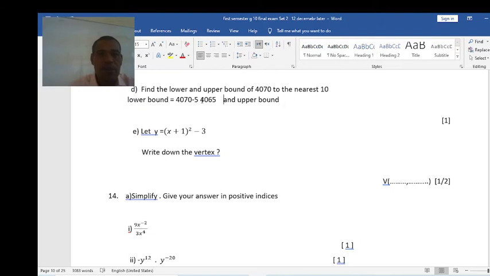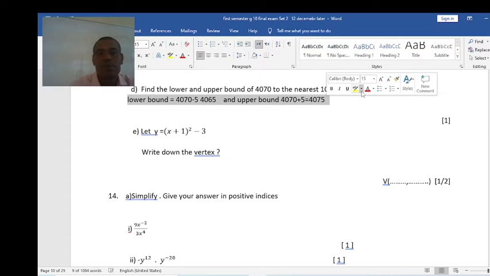And upper bound, I will just add 5 to the number: 4070 plus 5 gives 4075. Okay, so this is the lower bound and this is the upper bound.